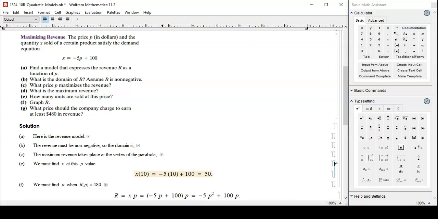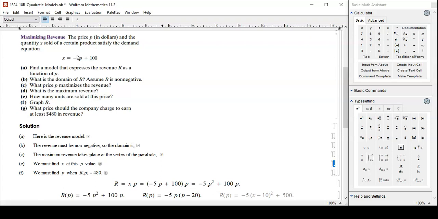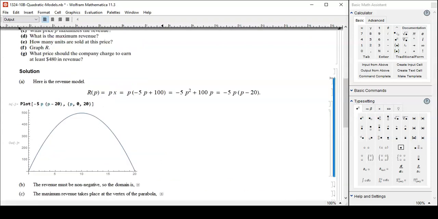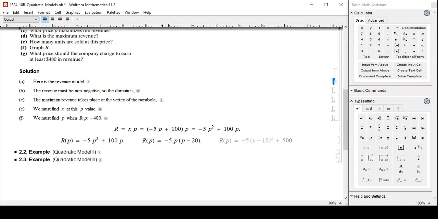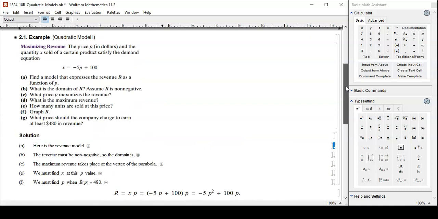So plug in p equals 10 here. And then graph, we already did it. That's the graph, it's the quadratic model. So we have a parabola, concave down, and so on.